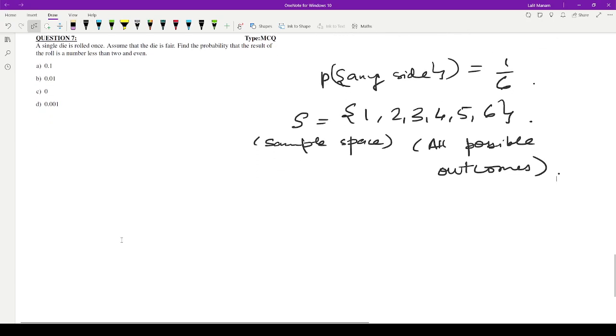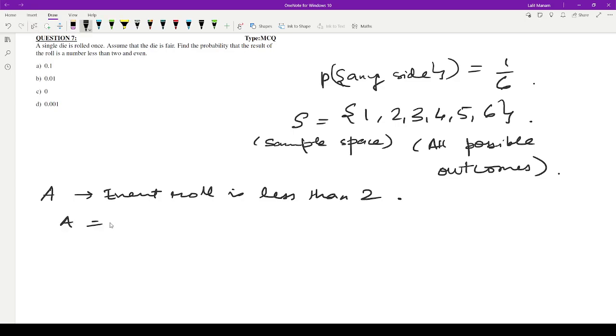Given all the possible outcomes, now what is the probability? Let A be the event that the roll is less than 2.